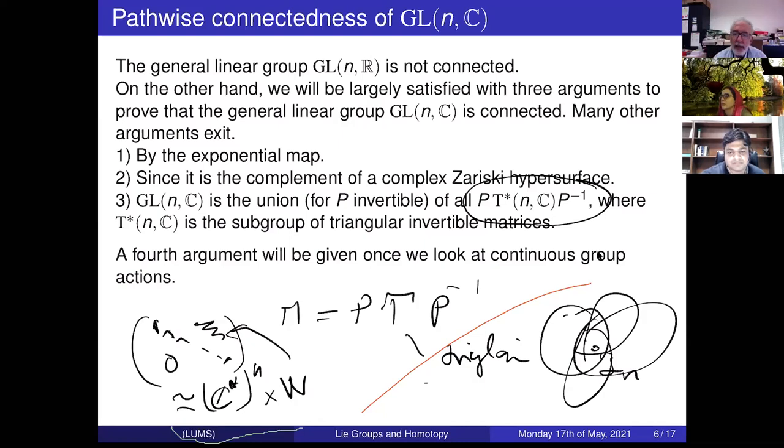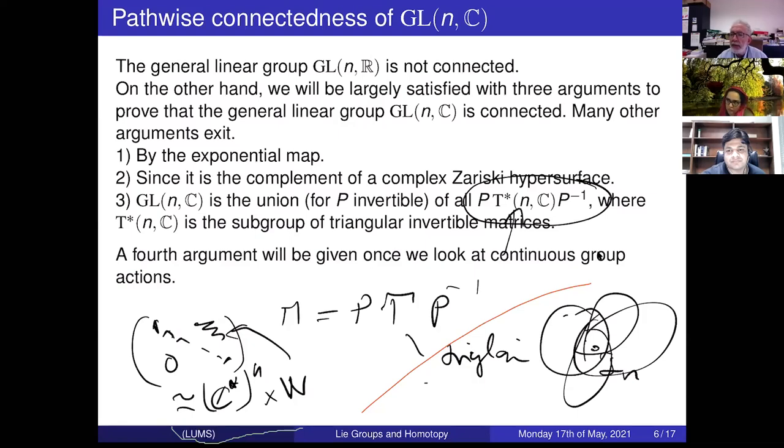Yes, so I take the set T star and C, and I take all its conjugates. The union is the conjugacy classes of T star and C. I take the conjugation of this set, I get a new set which is still connected, and I take the union of all these sets and I get GLNC.